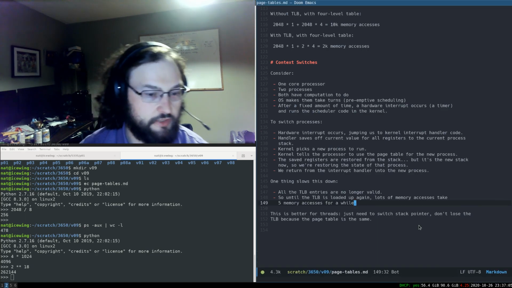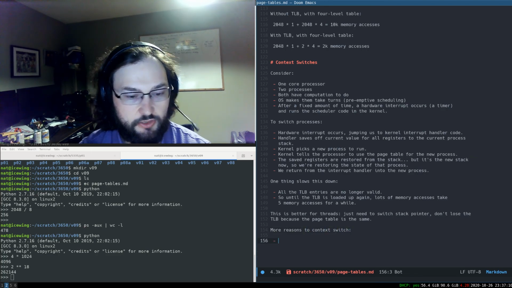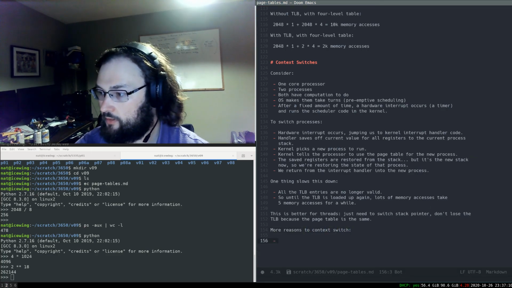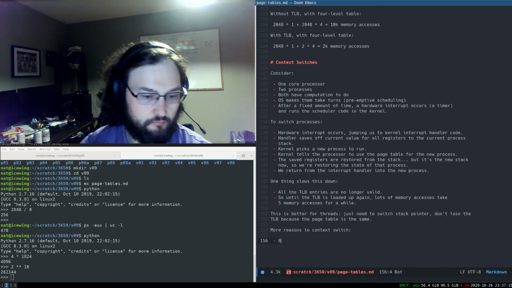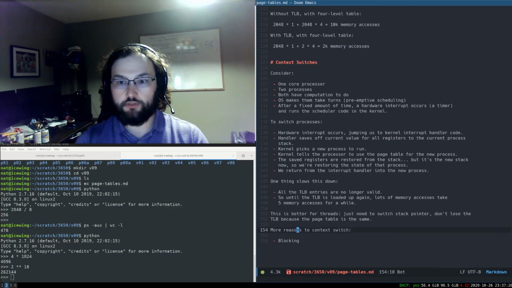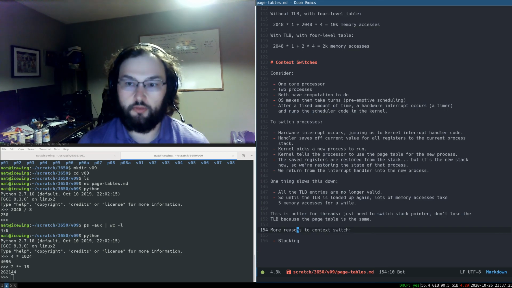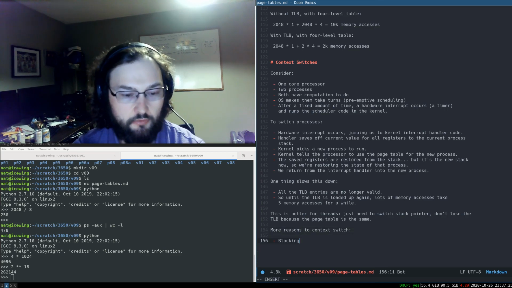Oh, a couple more reasons we might context switch. We definitely context switch from the timer interrupt, but when a process or thread blocks for some reason, that tends to put it in a non-runnable state, and so the kernel is going to go ahead and immediately reschedule.